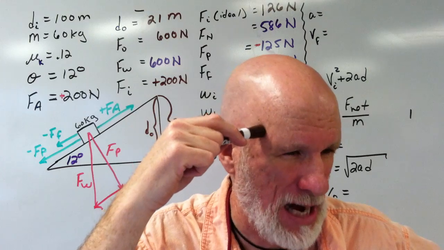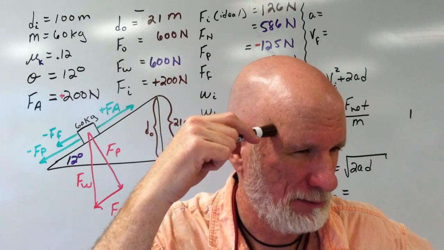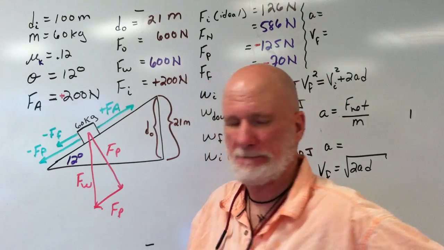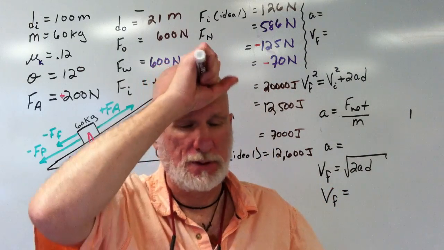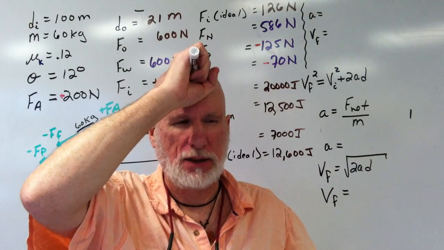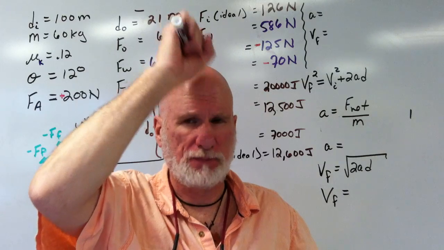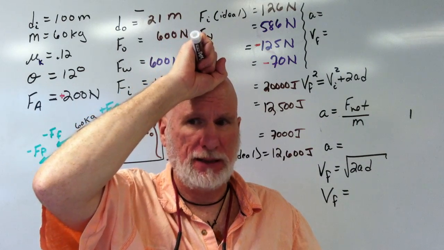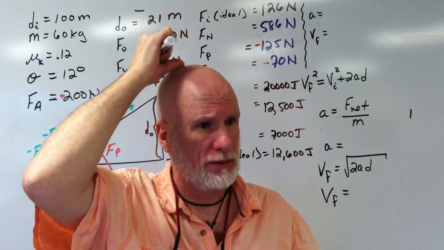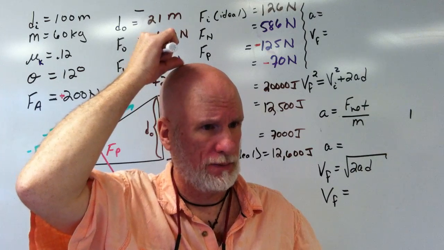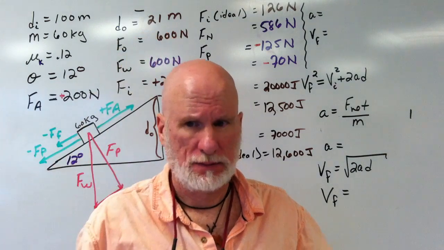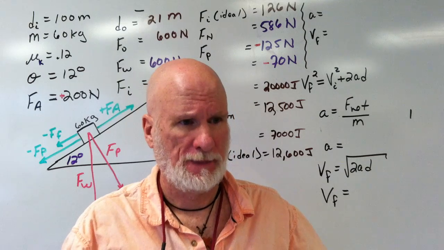And then W down would be FP times DI. FP. Okay? Easy?